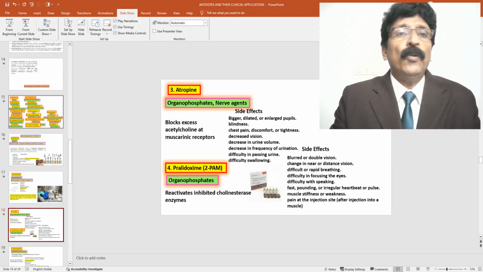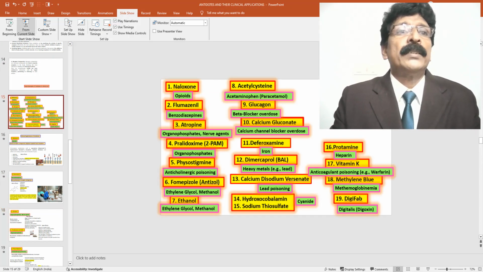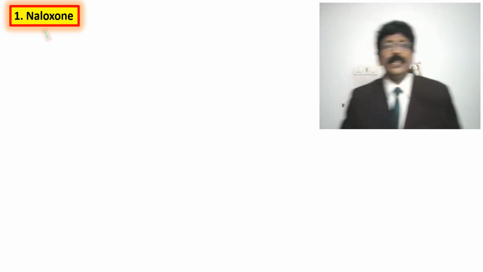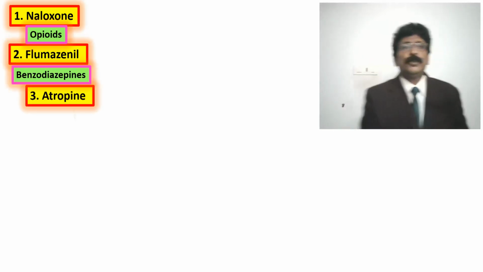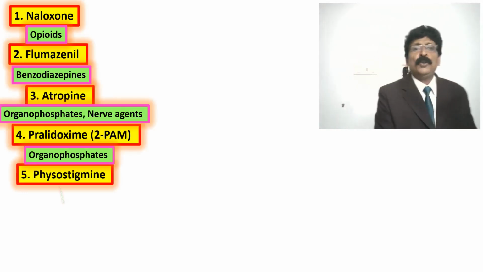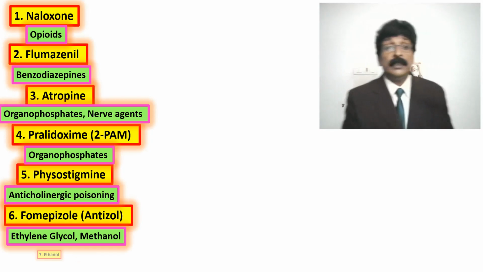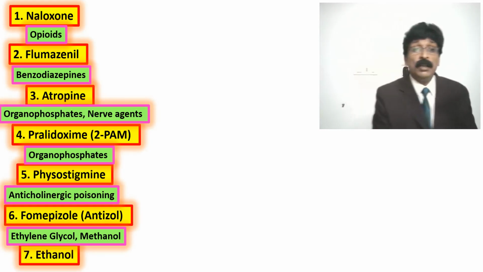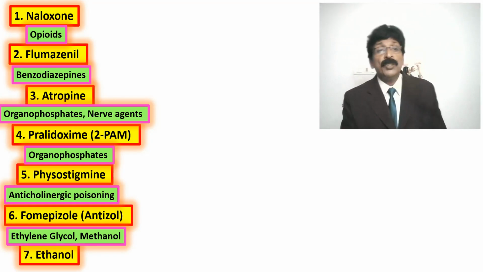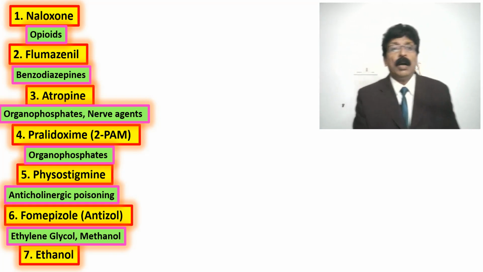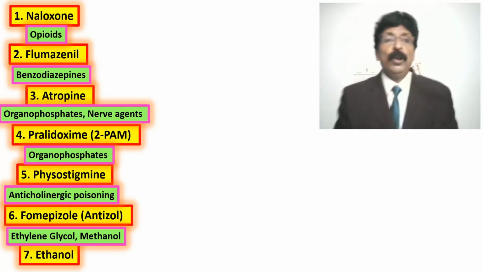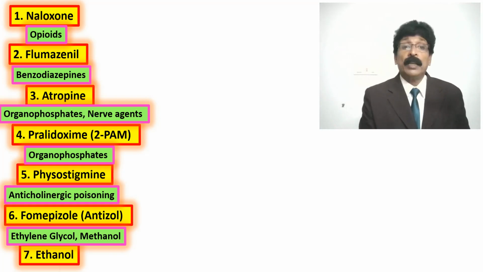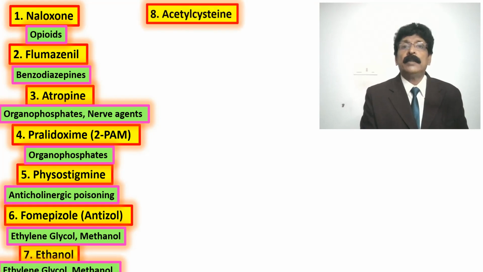So we are coming to the place where we stopped. See here, it is very important that the student should not change the antidote for any drug. Don't forget, for ethylene glycol and methanol we have Antizol, fomepizole, and ethanol can also be given as an antidote.